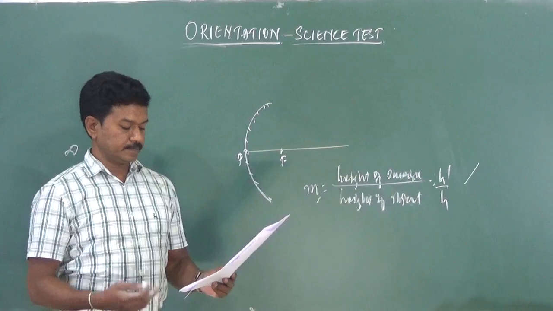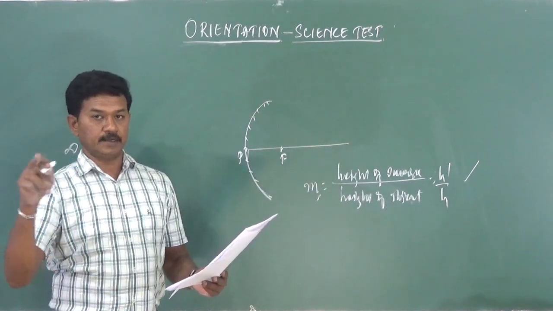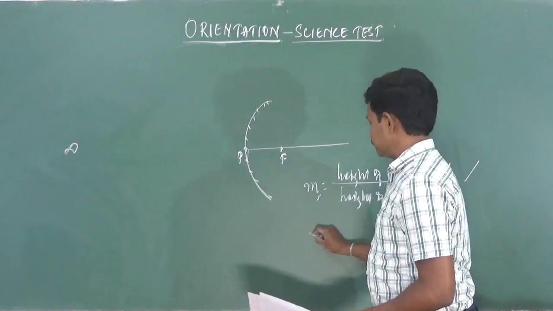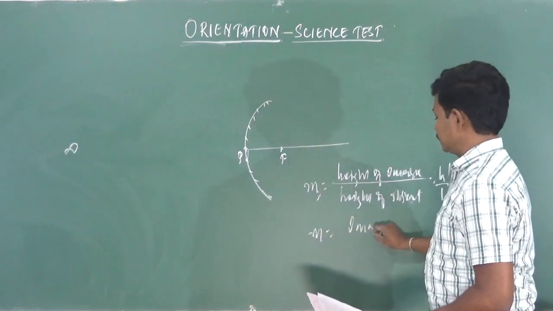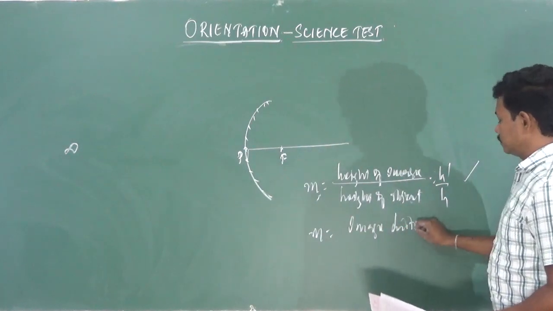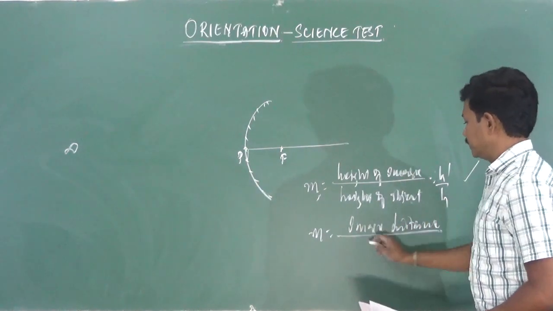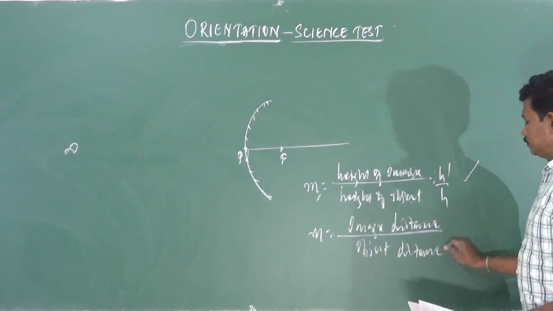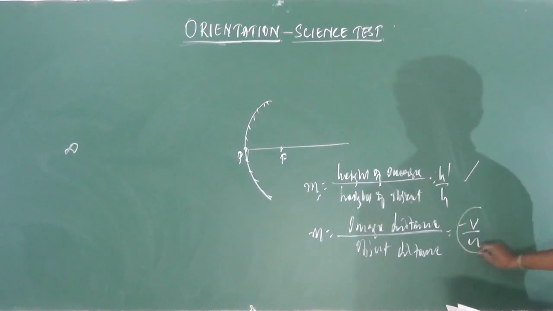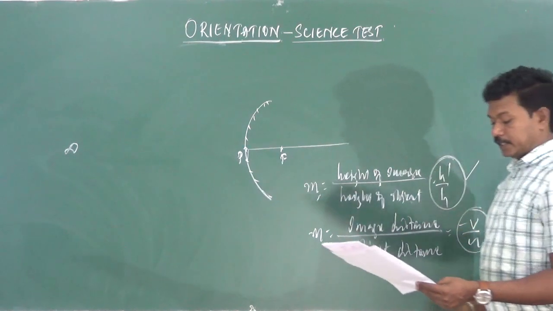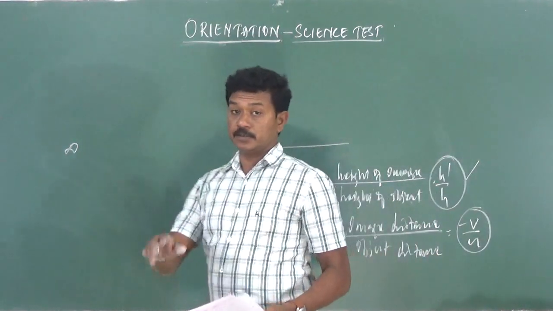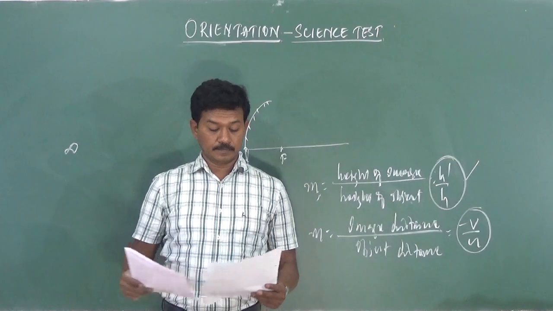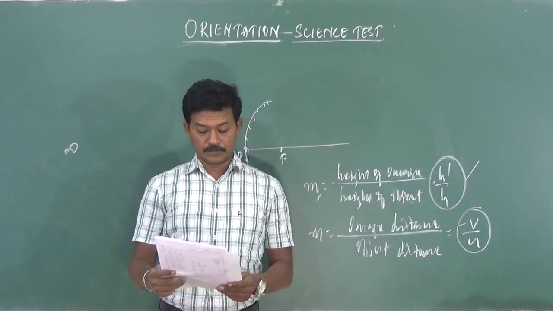So if v is the image distance and u is the object distance, then m is equal to minus v by u. So these are the two ways you can answer this question. Both ways you should present in the examination, because the question is asked for 3 marks. Okay, we'll go with the next one.